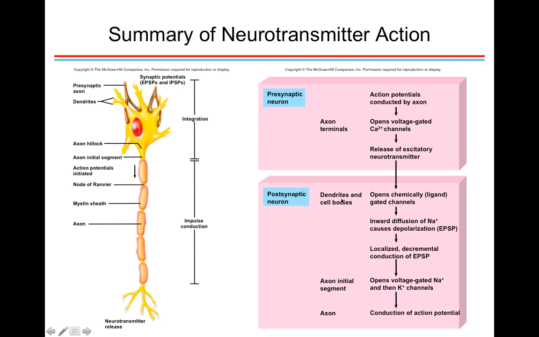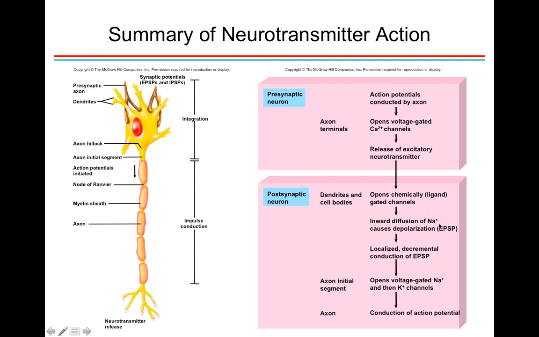Then in the postsynaptic neuron, there'll be chemically regulated ion channels that open. So basically the neurotransmitter is going to trigger the opening of a chemically regulated ion channel. This will allow the influx of sodium.